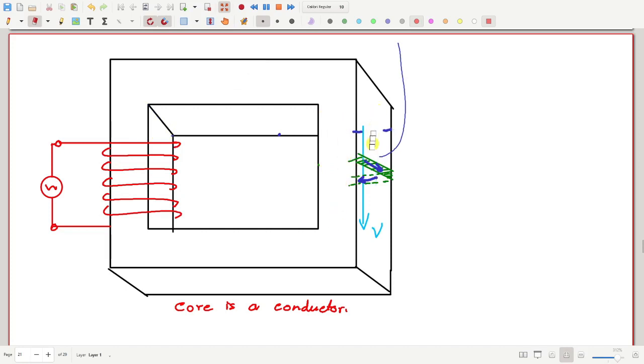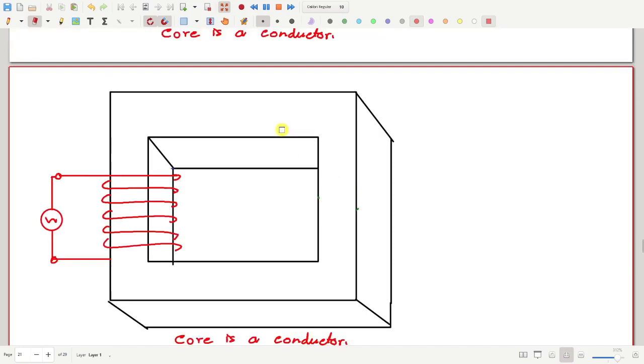What we do is this: we do not make the core from a single iron piece. Instead, we make it by joining many small iron pieces, basically small slices. So I will cut this core like a bread. You can think in this way.